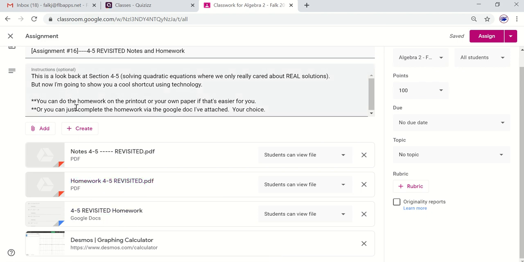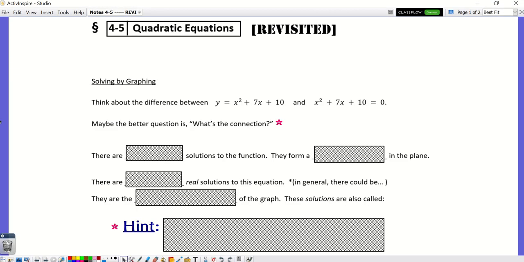Like it says up here, you can print this out if you want to, or do it on separate paper and take a pic, or you could just use this Google Doc, which I'll model for you later. But first, let's actually teach you that shortcut with these notes, okay?